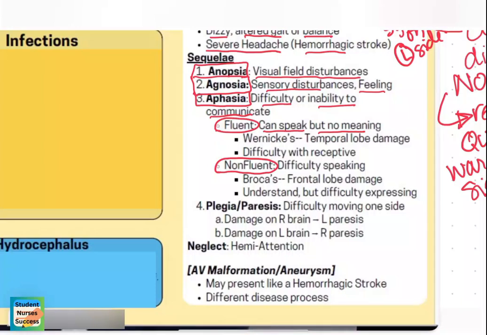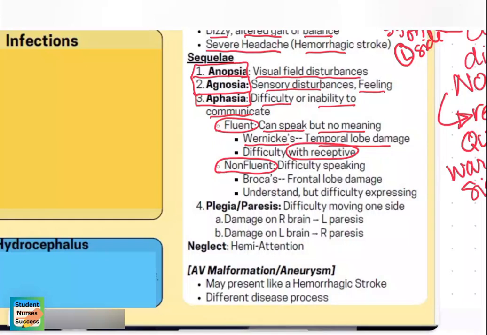So they're fluent, they're saying words, but the words are not fitting together well. We call this Wernicke's. Wernicke's aphasia usually happens with temporal lobe damage or if the stroke affected the temporal lobe. Patients with Wernicke's or fluent aphasia have difficulty understanding what you are saying to them.